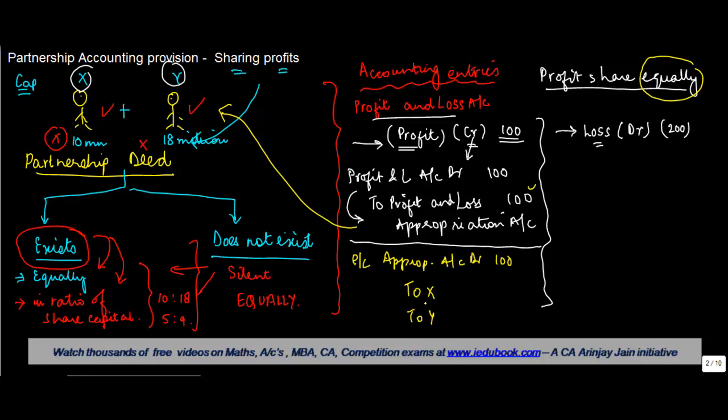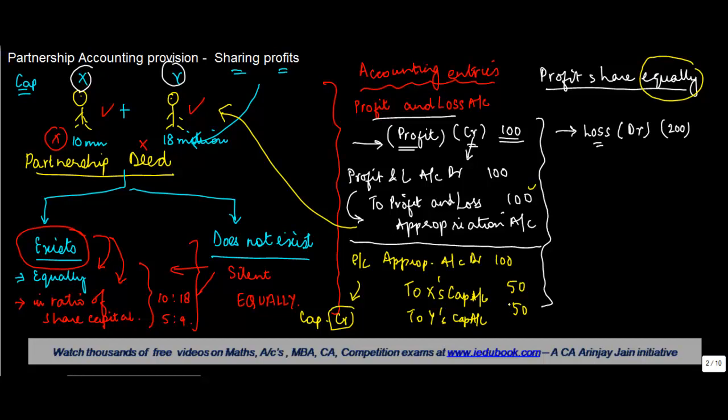Why are we crediting this? If you remember, the capital account has a credit balance, right? If you credit the partner's capital account, you are basically increasing it. How much? It has to be shared equally: 50 here, 50 here, to X's capital account and Y's capital account, right?